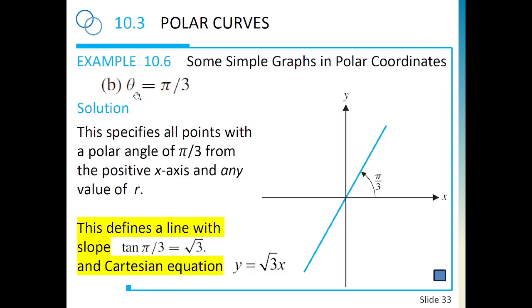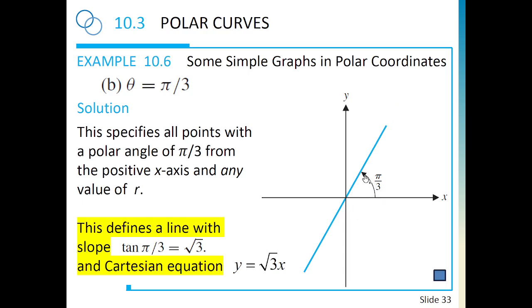Now what happens if I have only an angle? Angle equals pi over 3. What is not written here is the restriction on r. r can be any real value, positive or negative. So I only have the angle from my x-axis, and then r can be any positive or negative number, any distance from the origin.